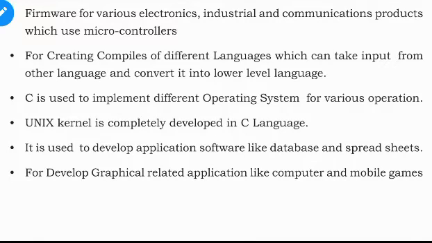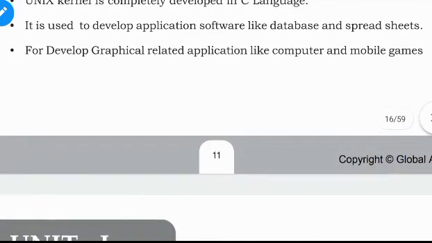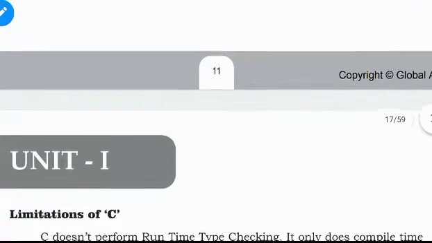C is used to implement different operating systems for various operations. The Unix kernel is completely developed in C language. It is used to develop application software like databases and spreadsheets, and graphics related applications like computer and mobile games.